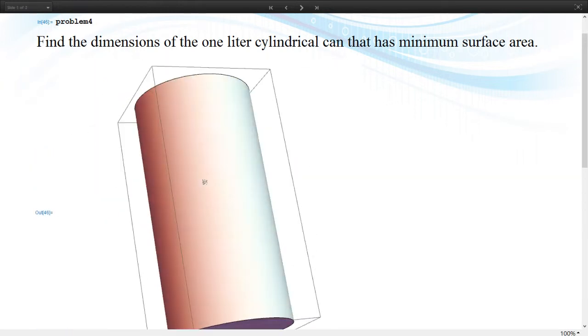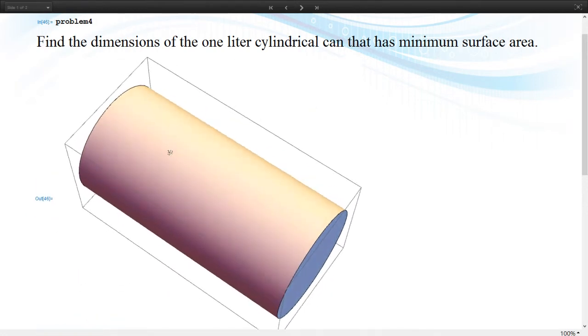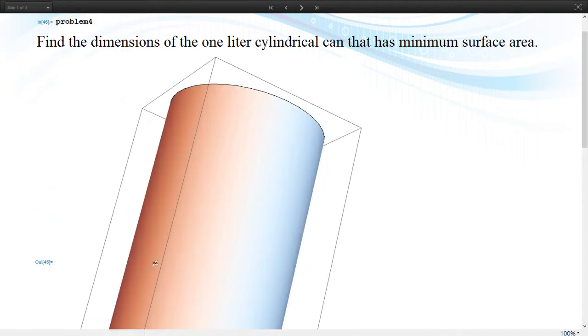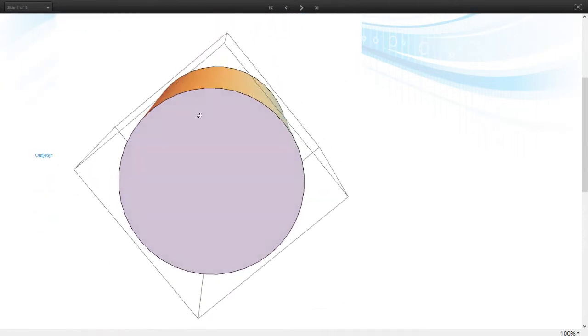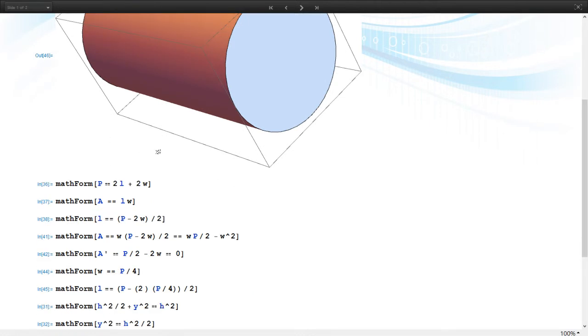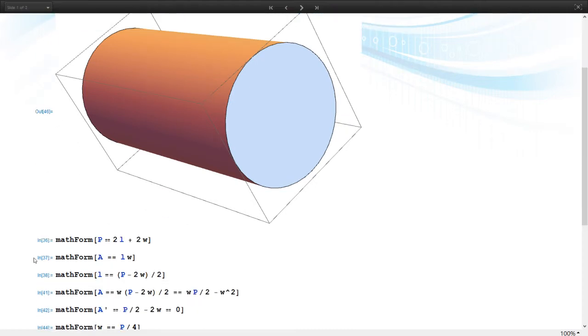Let me see if I can pull the face over here. There we go. So the radius of this circle here is r. Okay, so the dimensions of the 1-liter cylindrical can that has minimum surface area.